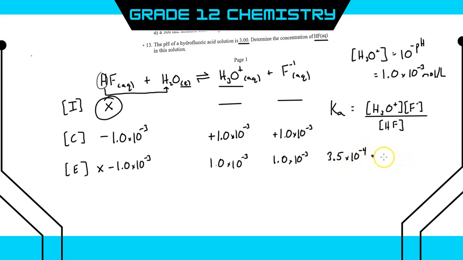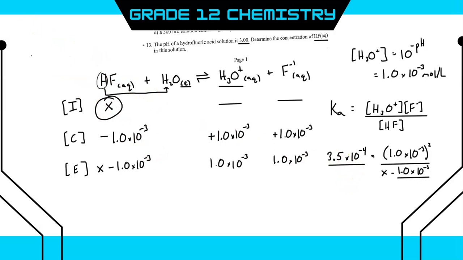And so this is going to equal 1.0 times 10 to the negative 3 squared, all over X minus 1.0 times 10 to the negative 3. Now, can I drop this 1.0 times 10 to the negative 3? If you look at our constant, that number is definitely not going to be greater than 100. So no, we can't drop it this time. We have to do the math.